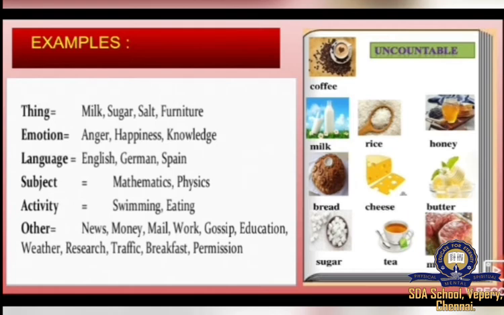So you can't count a rice or honey or milk, because they are a combination of many things, right? So these are uncountable nouns, and they are called so because you cannot count them with numbers.